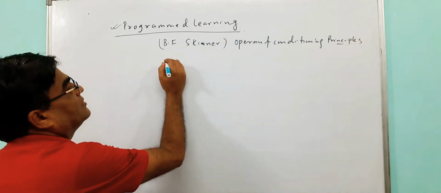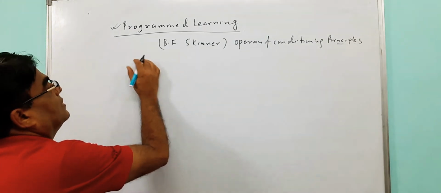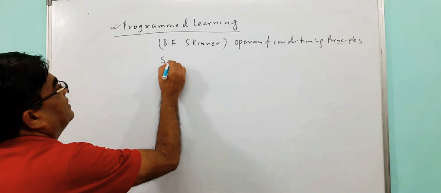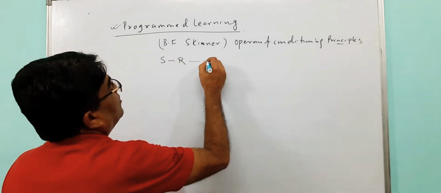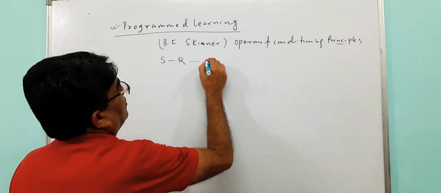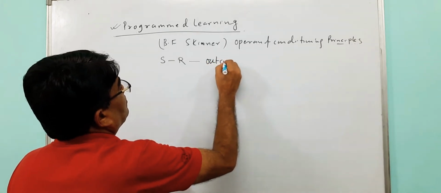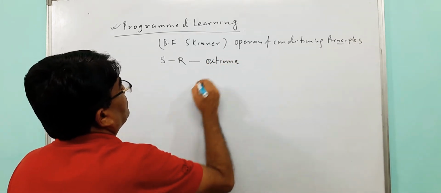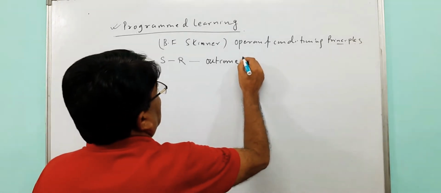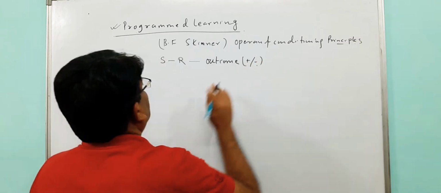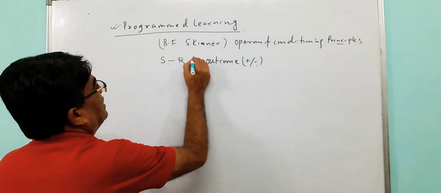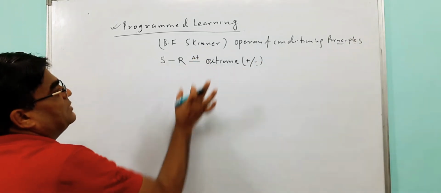And what are the operant conditioning principles? I will let you know: behavior, that is called S-R, and its outcome. It could be reinforcement or no reinforcement, positive or negative, whatever. And this delta t, the time, should be as minimum as possible.